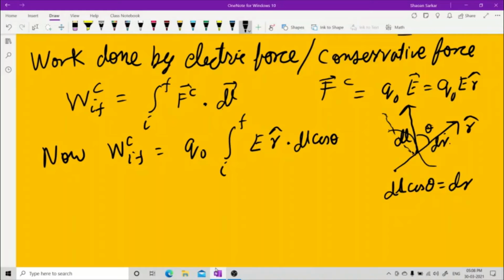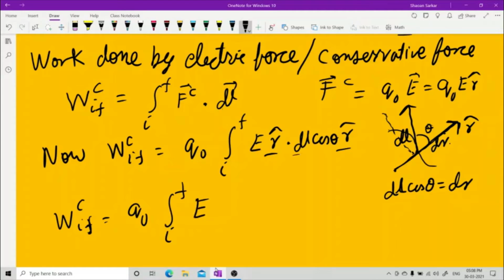I hope you are getting this point. But dl cos theta is dr. So W conservative from initial to final is Q naught times the integral of E dr, and this dot product vanishes because r cap dot r cap is nothing but 1. So from initial to final you get E dr.